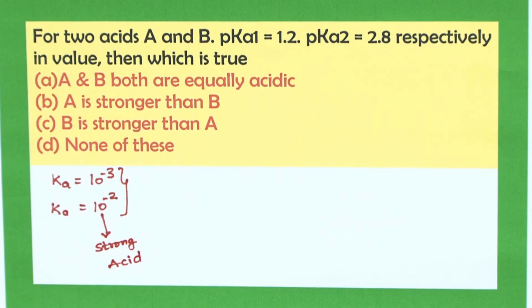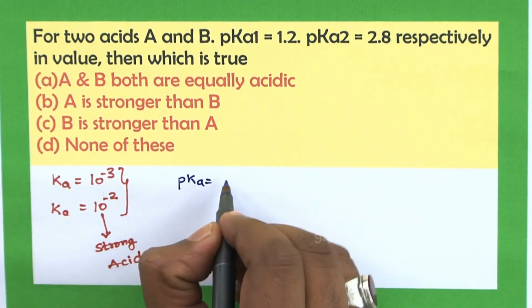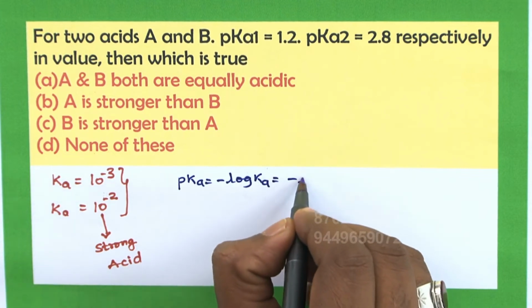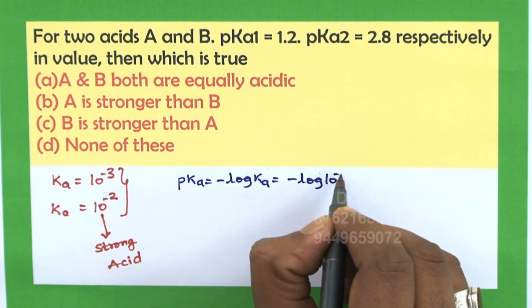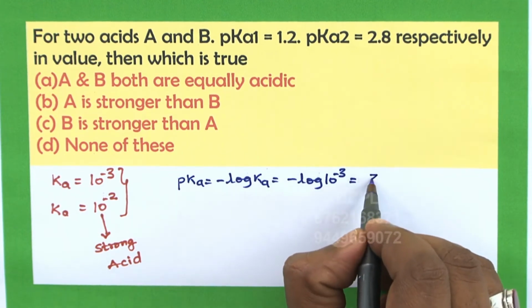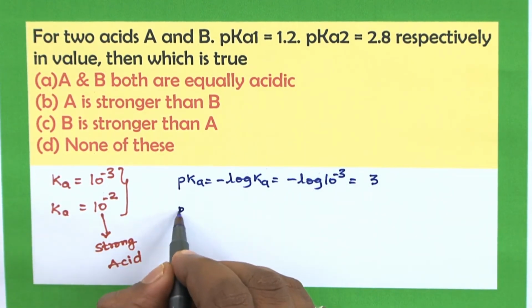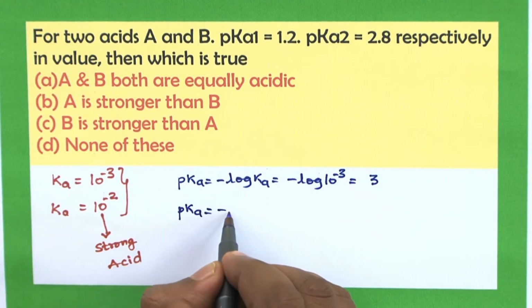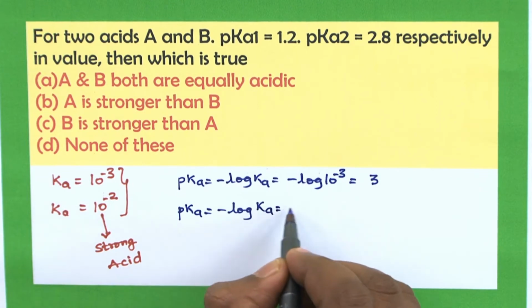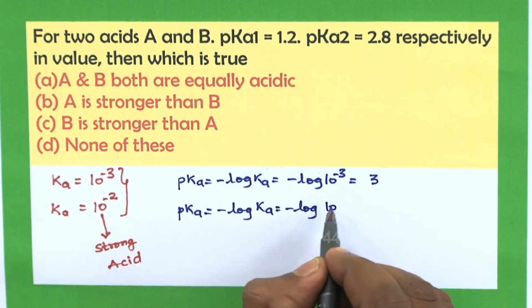acid. If we calculate the pKa for this, pKa is given by the formula minus log of Ka, that is equal to minus log of 10 to the power minus 3, that is minus of minus 3 log 10, and log 10 is 1, so you get plus 3. If we calculate the pKa for the second acid, that will be equal to minus log of Ka, that is equal to minus log of 10 to the power minus 2.